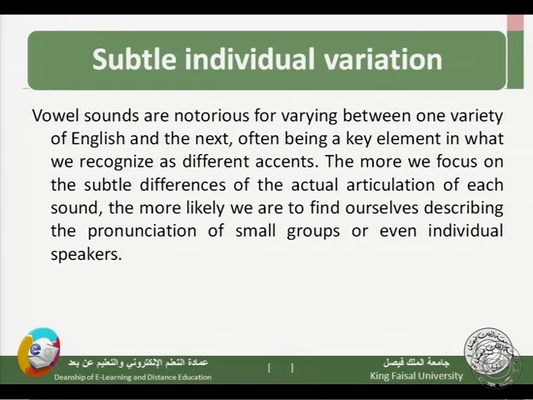For example, the accent in the south is different from the accent in the north. People in the north pronounce these vowels differently from people in the south, and that's why we say that accent comes from the north, or that accent comes from the south.